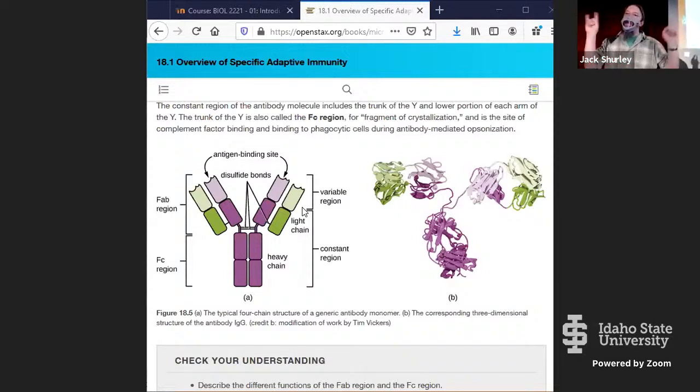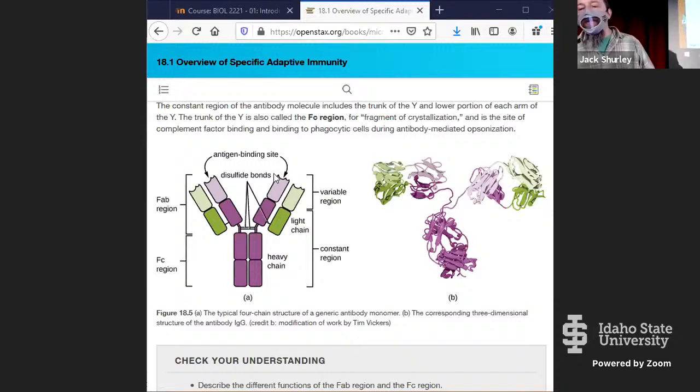It's the tips of the Y. That's the variable region, these that look kind of irregular. This is where we see huge variation, as the name implies. There are all sorts of different arrangements of those amino acids that give a three-dimensional shape to this molecule.